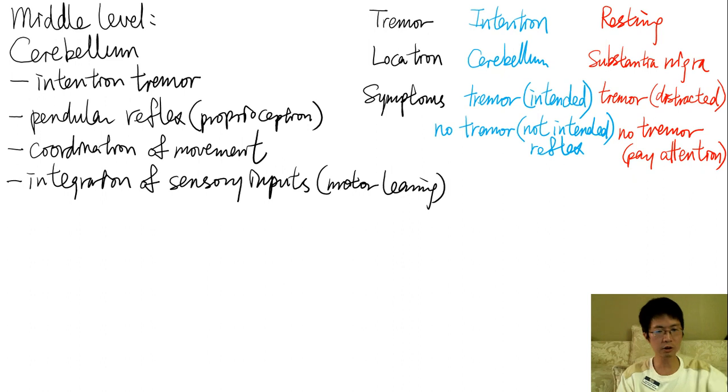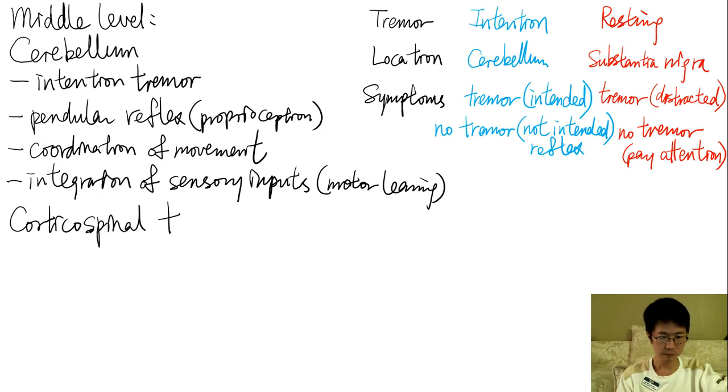Okay, that's about the cerebellum. And then we will talk about two more structures. One is called the cortical spinal tract. What does it mean?